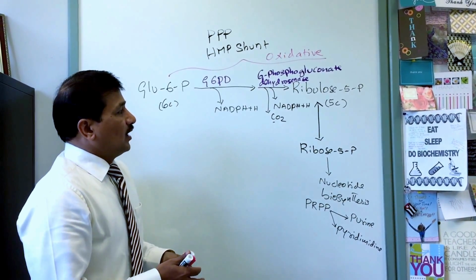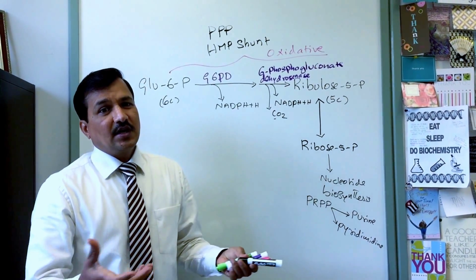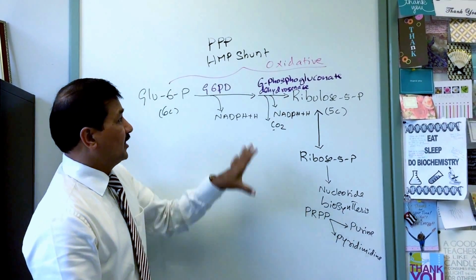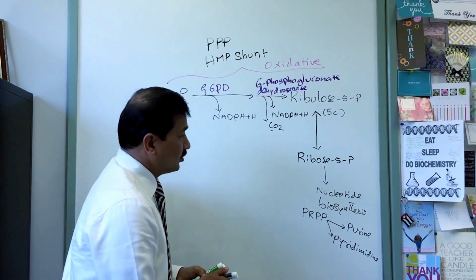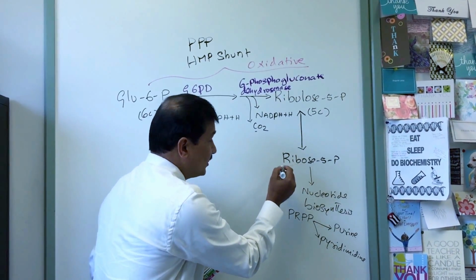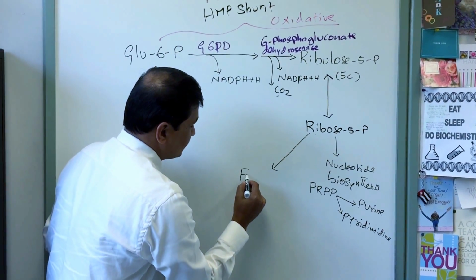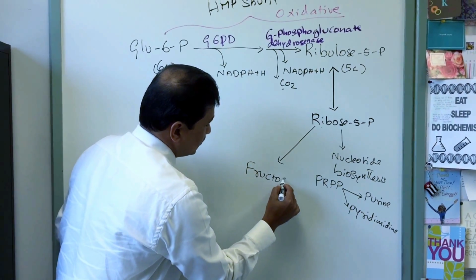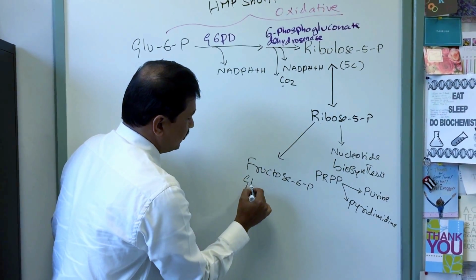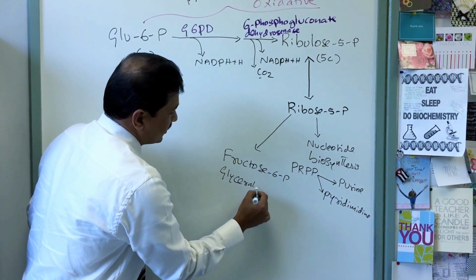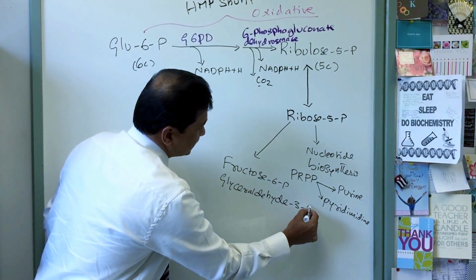Now, what if the cell doesn't want nucleotide biosynthesis but just wants NADPH plus H plus? At that time, the ribose 5-phosphate present here will be converted to fructose 6-phosphate, or to glyceraldehyde 3-phosphate.